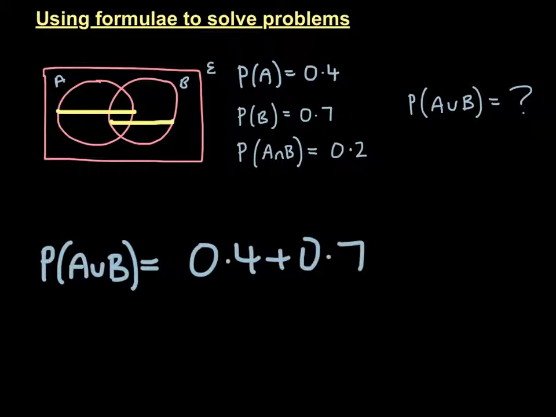So 0.4 plus 0.7, that's taking the intersection into account twice. So if I take away 0.2, I'll get my answer for the probability of A union B, which will be 0.9.